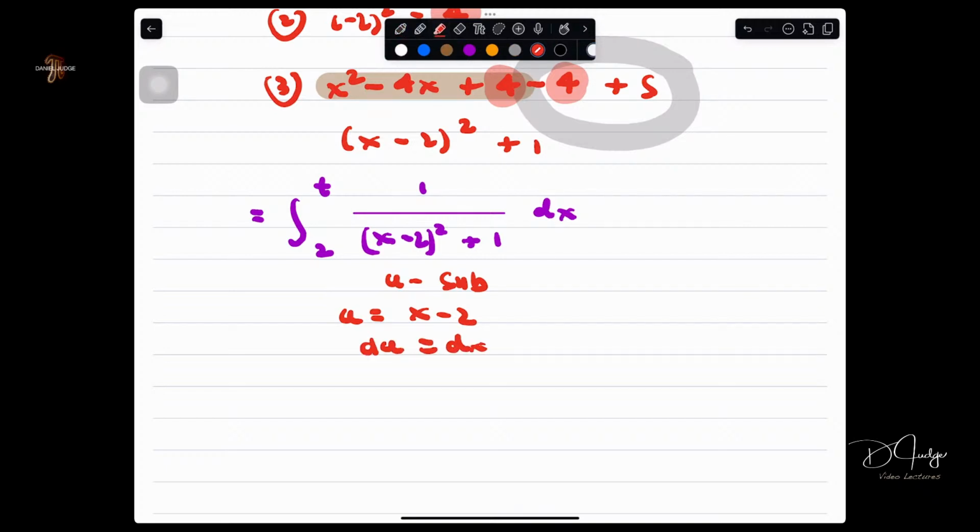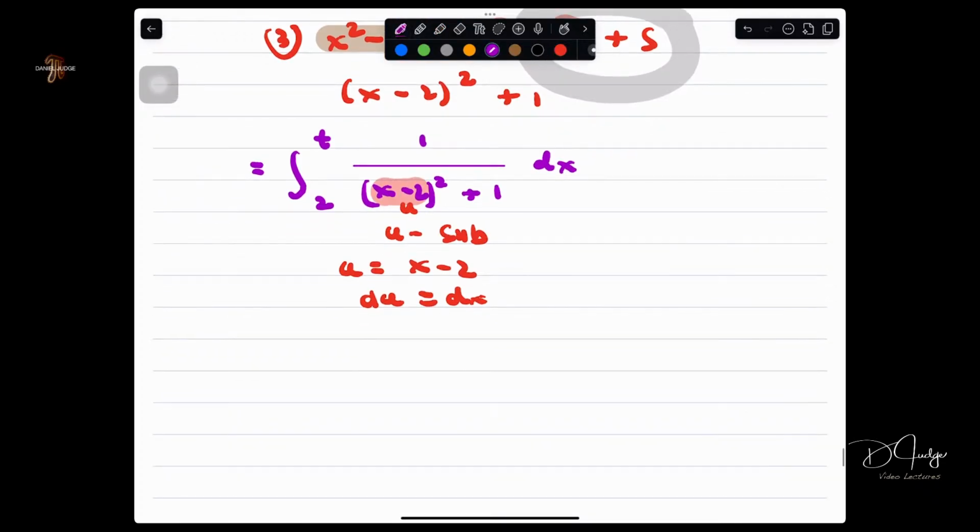We replace this with u. So our integral is 1 over u squared plus 1 du.